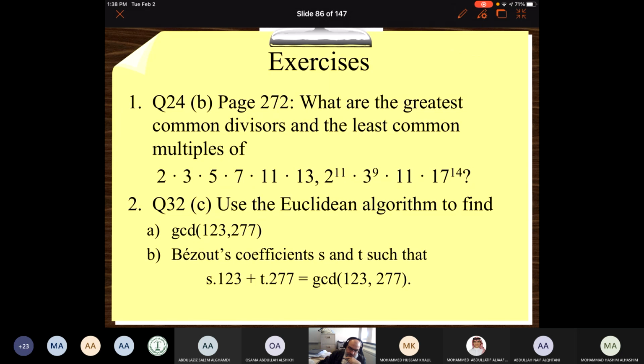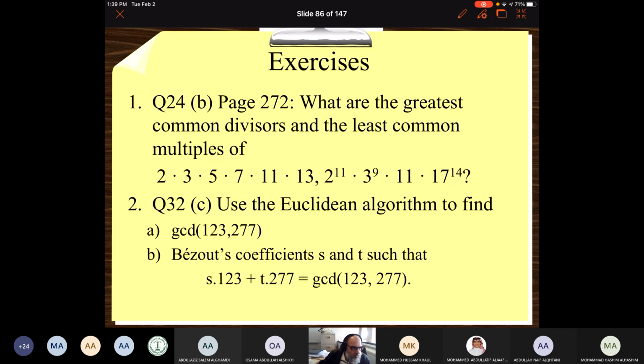What is the least common multiple? Let's see what Muhammad Khalil wrote.